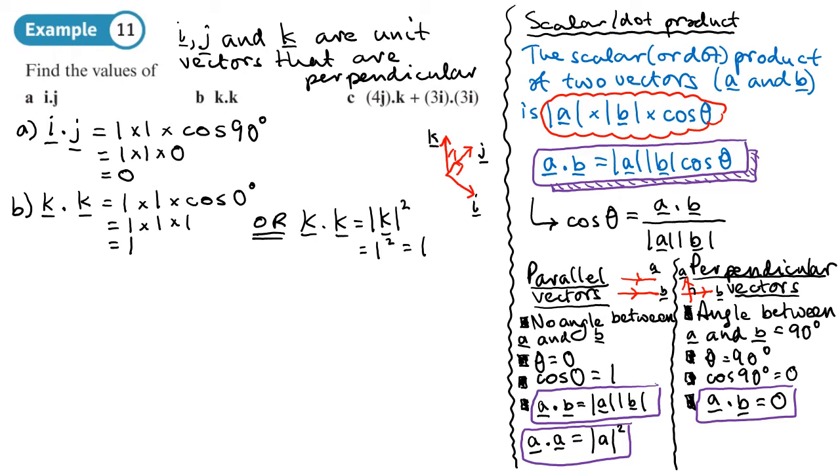And then part C, I can see that I've got 4J dot K plus 3I dot 3I. So I'm going to work out the two dot products separately, and then I can add them together. So 4J dot K, we're going to use this again.